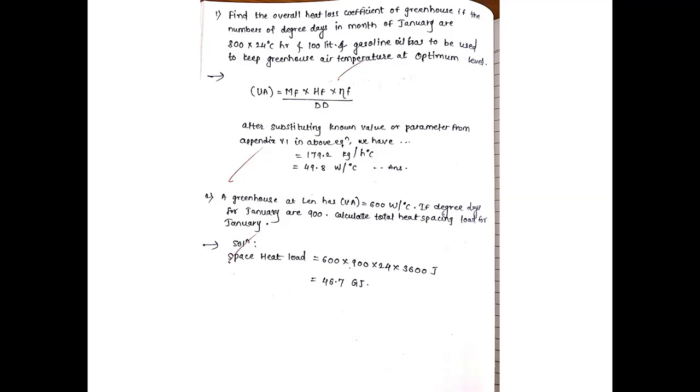This is the value for space heat load in gigajoule. So 900 are the degree days, 600 is the VA, 24 is the hour rate, and 3600 is the heat. So this was about the space heat load.